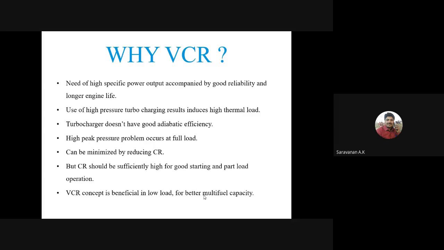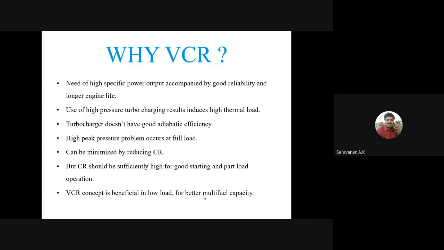Why do we require this type of VCR engine? For the obvious reason: we have to reduce emissions as well as increase fuel economy, so that lower fuel consumption is used, and at the same time we have to get maximum power. So why go for modern technologies? There are three conditions.